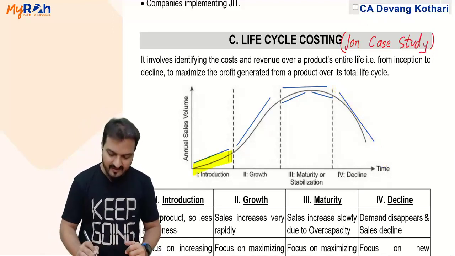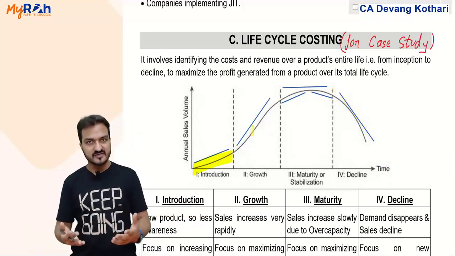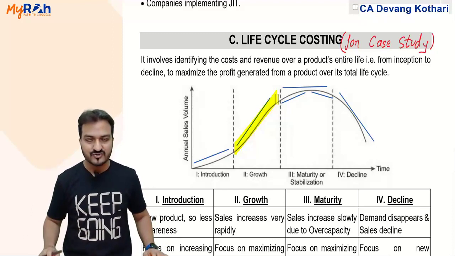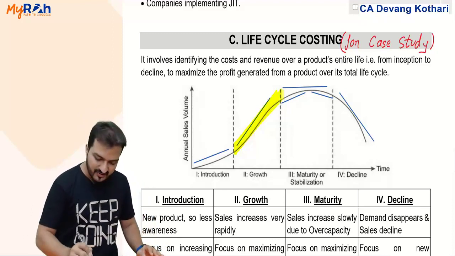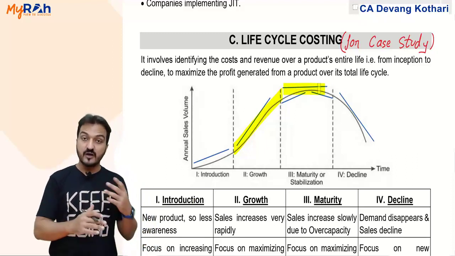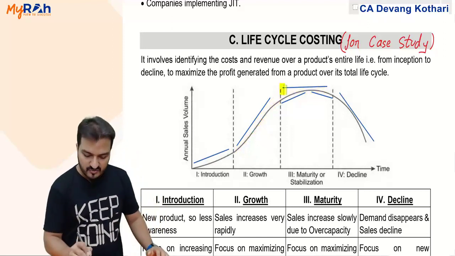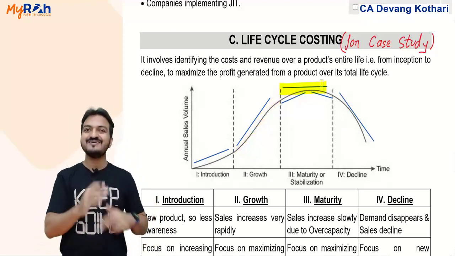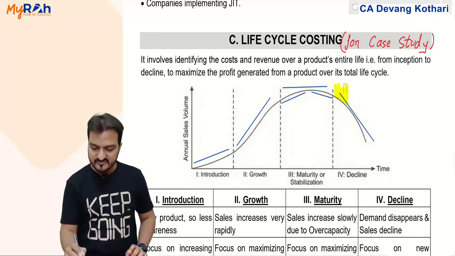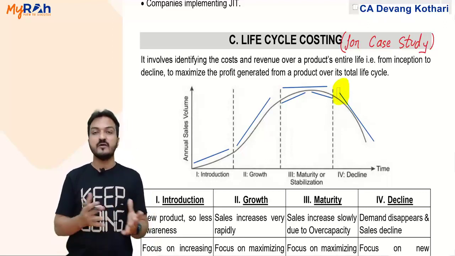So Facebook had an introduction phase where very few people knew about Facebook, but it was increasing. Then came a growth phase where everyone started opening Facebook accounts. I also opened my Facebook account during that growth phase. Then came the maturity phase when the number of users of Facebook stopped increasing. It had the highest number of users, but the increase stopped. And right now Facebook is almost at the start of the decline phase.